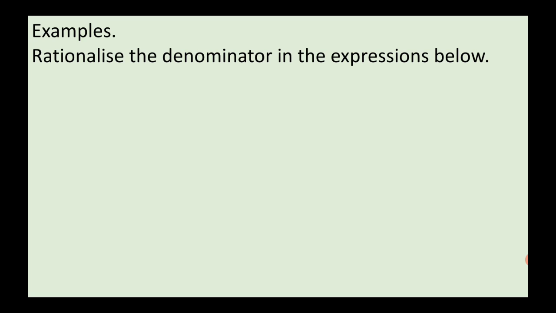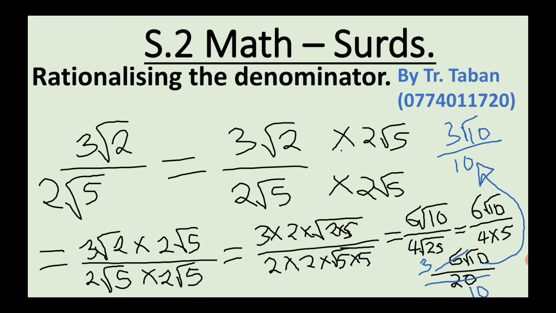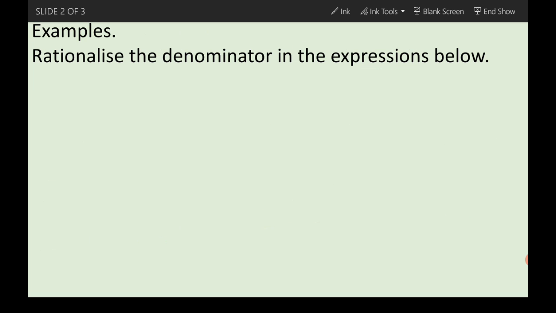Part A: rationalize root of 2 divided by root of 3 plus root of 5. In this expression you can see that in the denominator we have 2 roots which we are adding. They can be addition or subtraction, whatever it is.